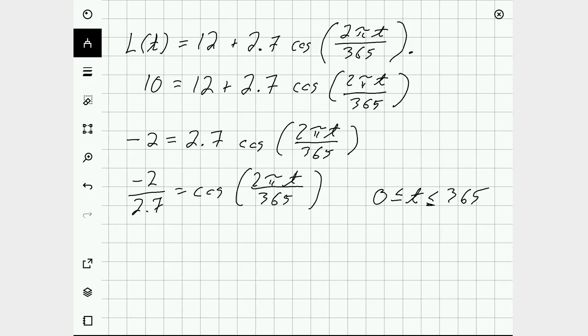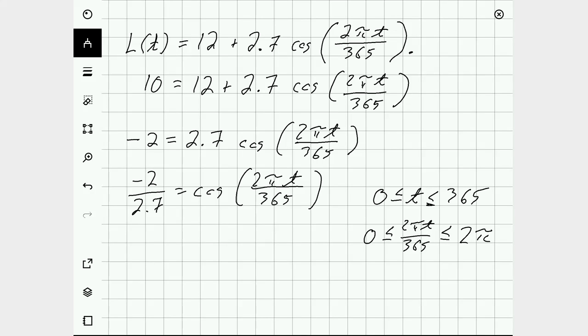Now, my argument on my function here, 2 pi t over 365, if I multiply all three sides of this inequality by 2 pi, and I divide all three sides of this inequality by 365, I get that the argument of cosine is somewhere between 0 and 2 pi. Very convenient. These are the places that we normally are looking for when we're looking at solving trigonometric equations.